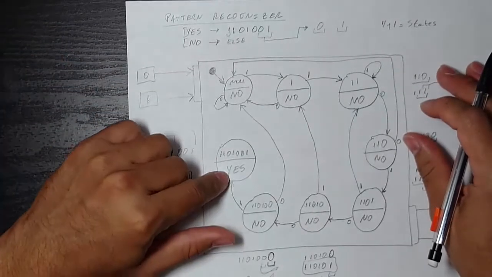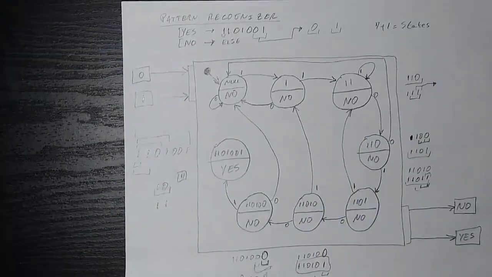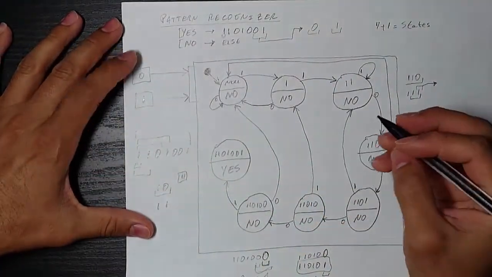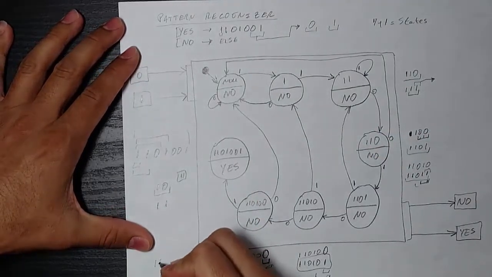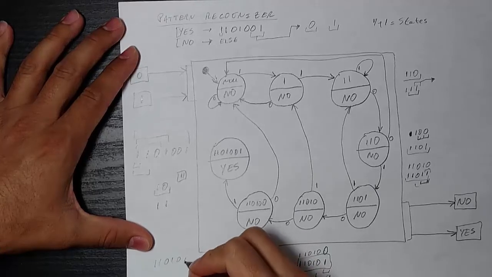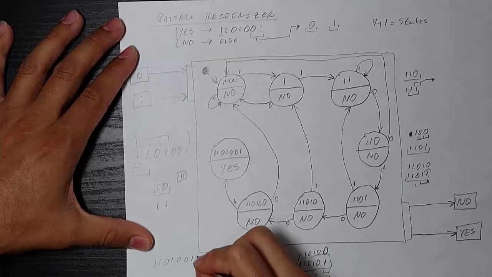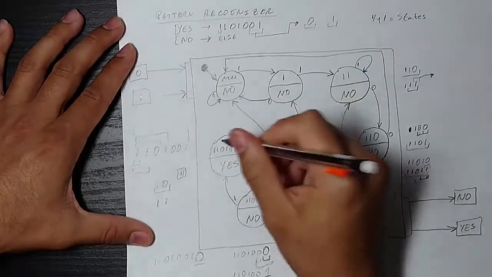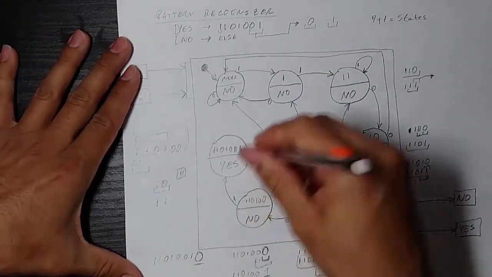So we need to ask on this final state, what if I get a 0? If I get a 0 right here, let's say 1 1 0 1 0 1, no, 0 1. So if I get a 0 right here, what can I save? So I can go to any other different part of any other different state.